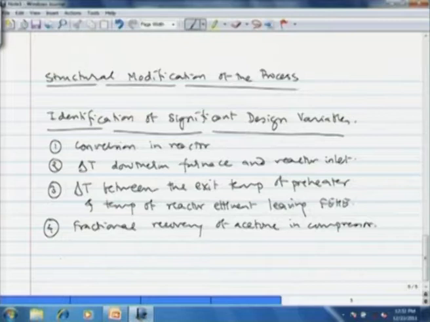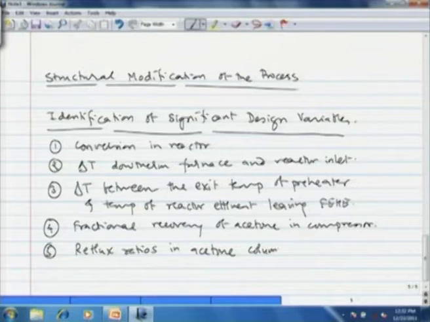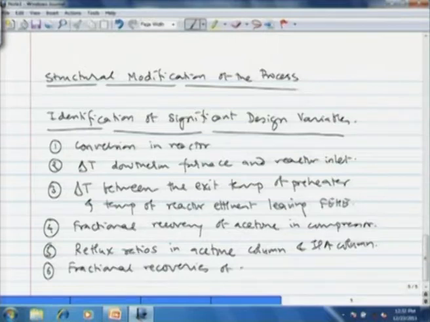Then the reflux ratios in both columns, the acetone column and the IPA column. And then the fractional recovery of acetone in the column, and fractional recovery of IPA in its column.